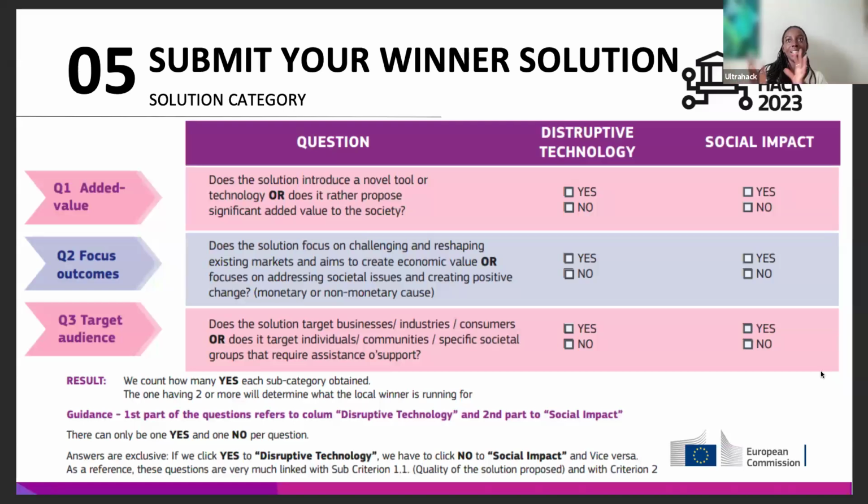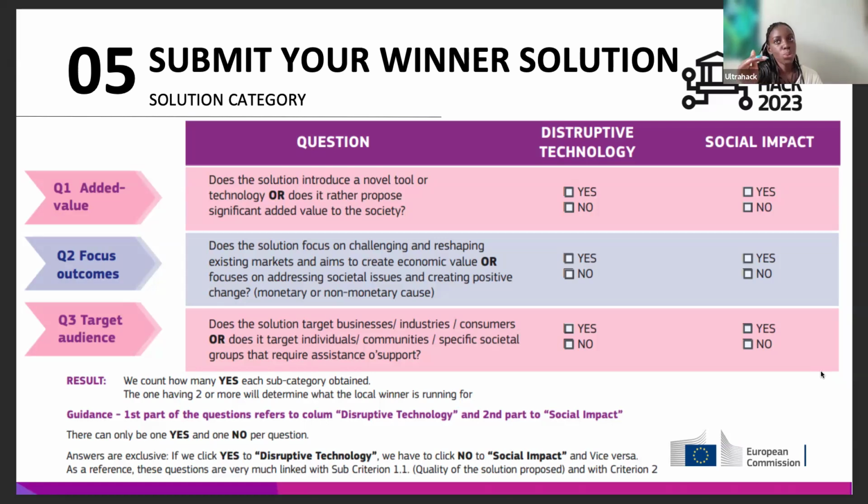Moving on to the solution category. We have again the guiding questions, and then we try to fit into the disruptive technology or social impact. The question is: does the solution introduce a novel tool or technology, or does it rather propose significant added value to the society?